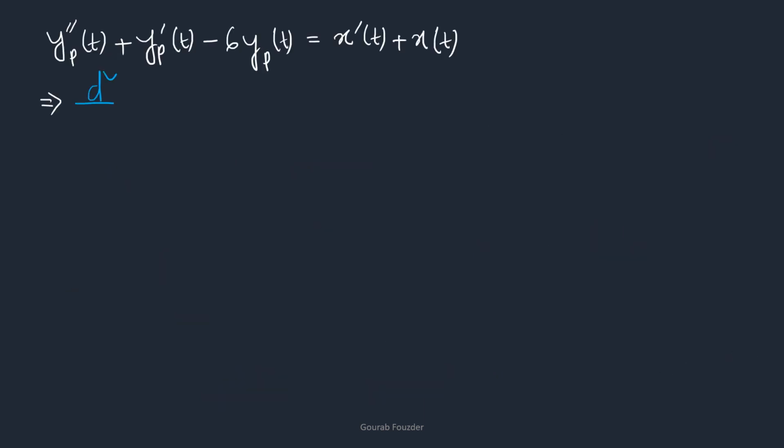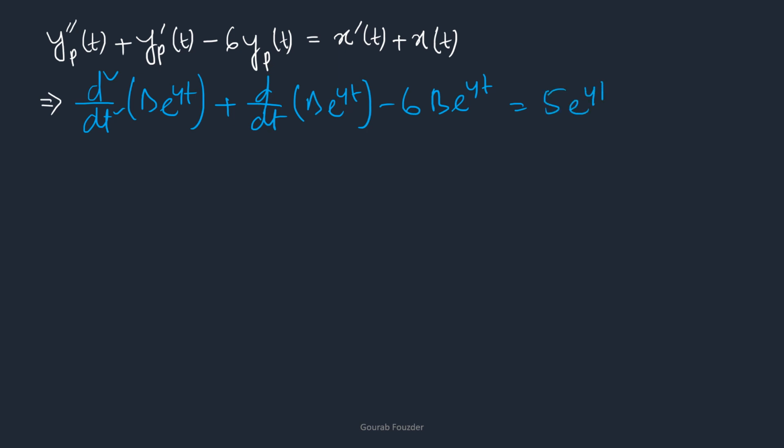It implies d square by dt square of b e to the power 4t plus d by dt of b e to the power 4t minus 6 b e to the power 4t is equal to x prime t plus x(t), which we have already found, that is 5 e to the power 4t.